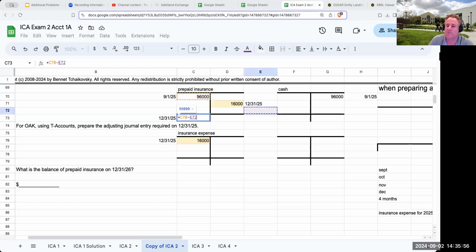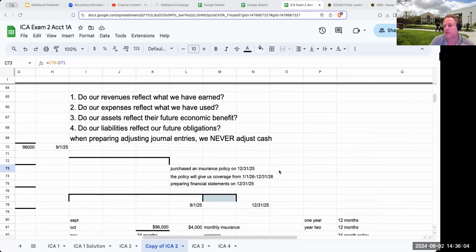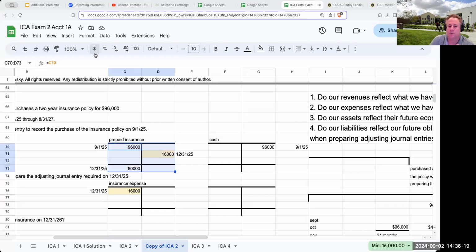So my ending balance is going to be 80,000. And this is where, when we do adjusting journal entries, it's so important that you answer these questions. Do our assets reflect their future economic benefit? Let's find out. So right over here, I've credited prepaid insurance and now my balance is 80,000.